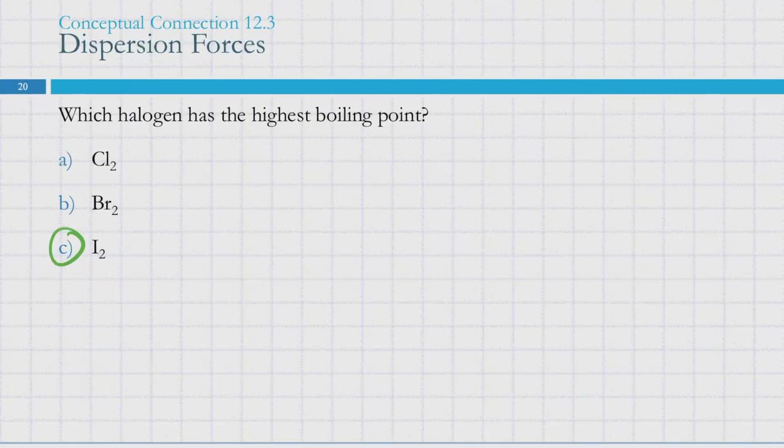Why is it iodine? It has the biggest molar mass. Largest molar mass, strongest intermolecular forces because it's got the most electrons to just randomly happen to have on one side of the molecule or the other.